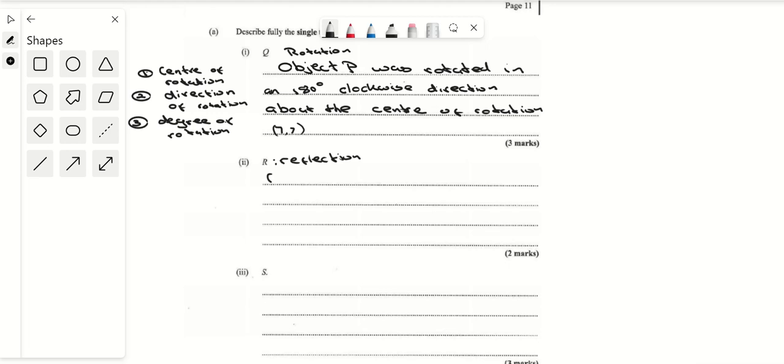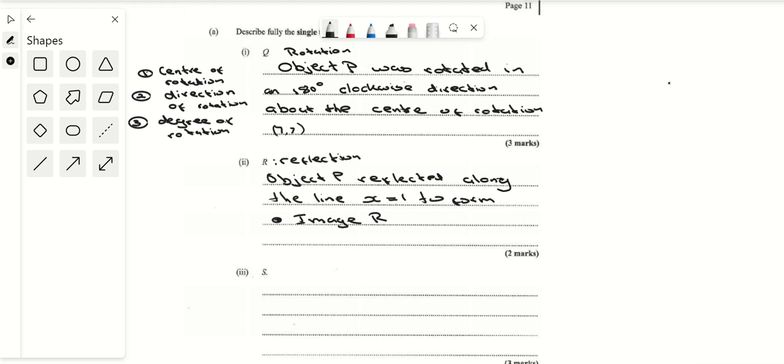And you will say object P reflected along the line x is equal to 1 to form, not object, image R. So object P reflected along the line x is equal to 1 to form image R. And that would be the answer for part 2.